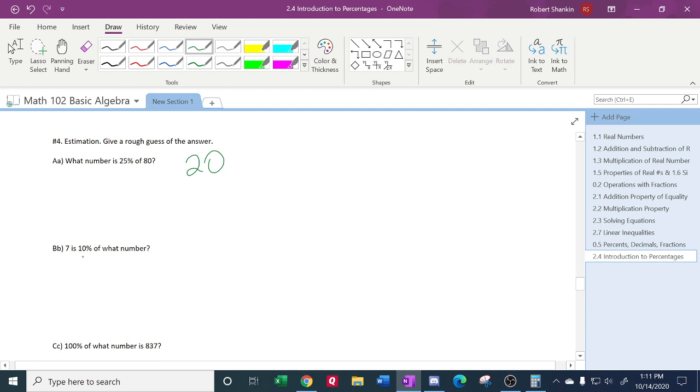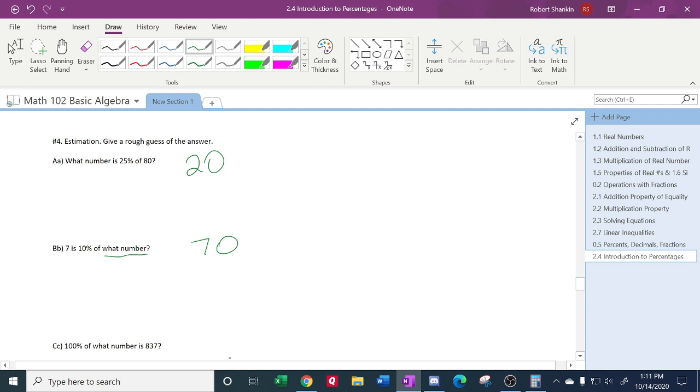Now, is my number, this what number, going to be bigger than 7 or smaller than 7? Well, it's got to be way bigger than 7, so that when I take just 10% or 1/10 of it, I get 7. So this would be 70. 10% of 70 is 7.